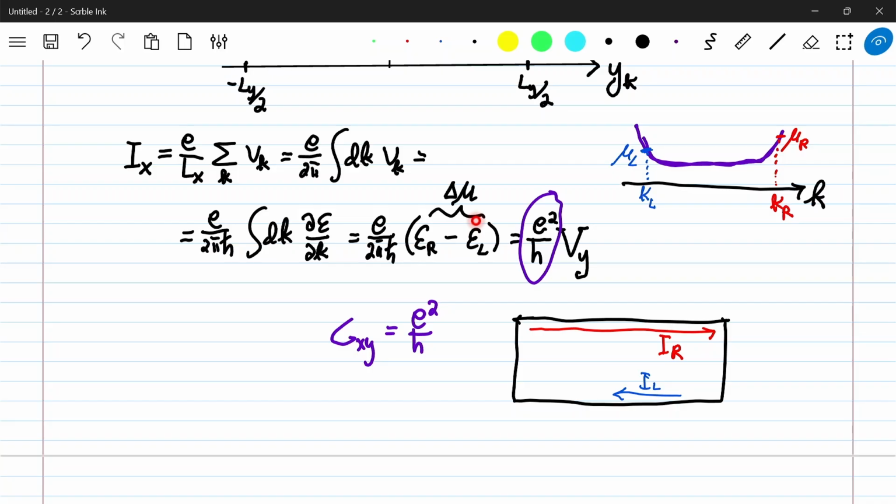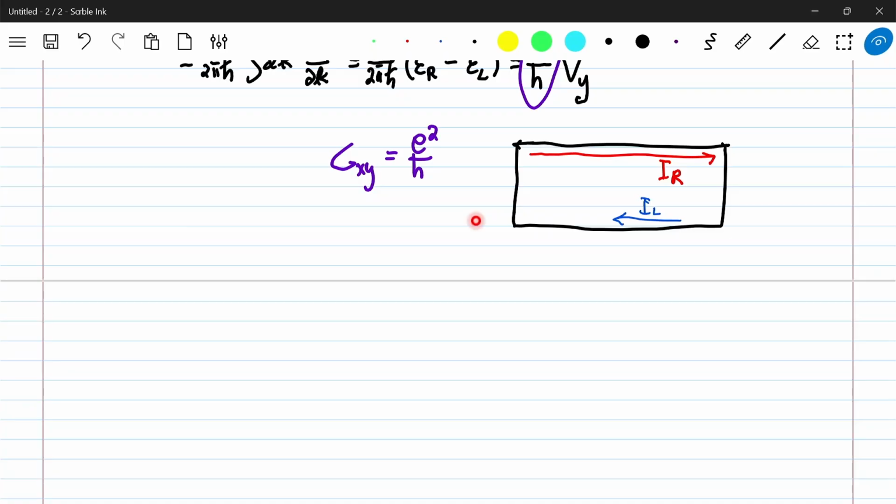Okay, so this is for the ideal system, but now suppose I introduce impurities, I have rough edges, something that spoils the geometry, and maybe I cannot even exactly solve for the wave function. Does the result change?